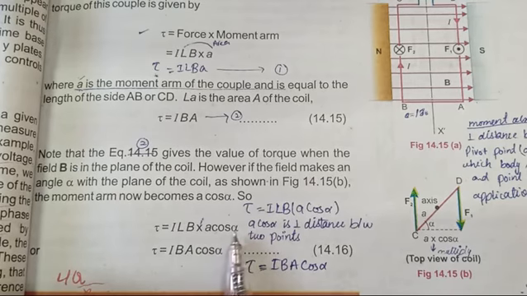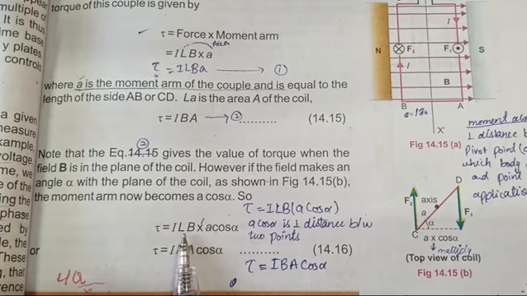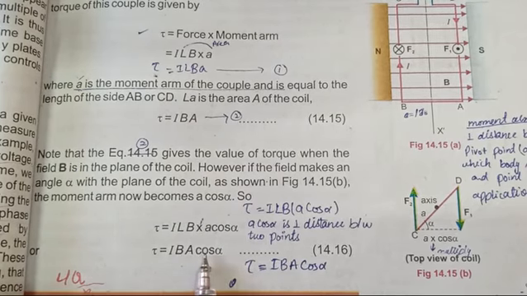So now moment arm can be written as A cos alpha instead of A. Tau is equal to ILB cross A cos alpha, and tau is equal to IB A cos alpha, where this A is length and L is length becomes area, IBA cos alpha. So this is our required torque on a current carrying coil.